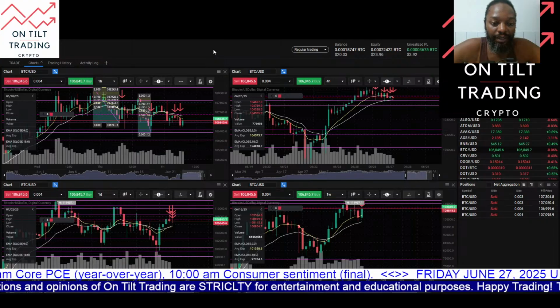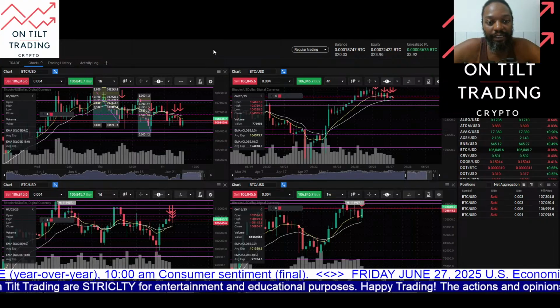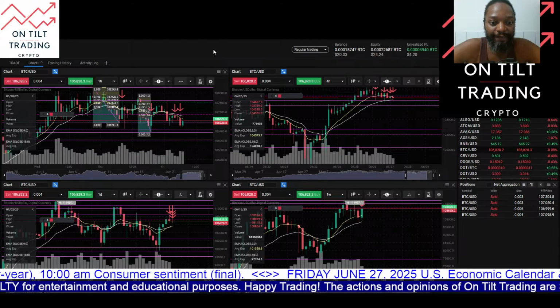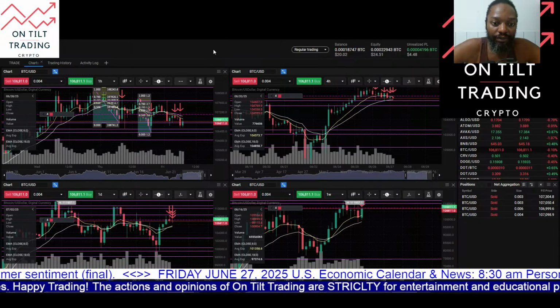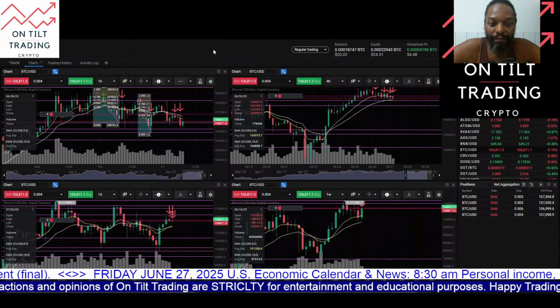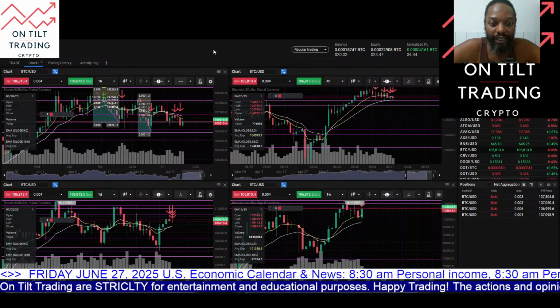Got some selling here in the pre-market, or some consolidation, then some selling here in the pre-market, and then we have some buying coming in here, or at least price being delivered to the buy side here, and consolidation.